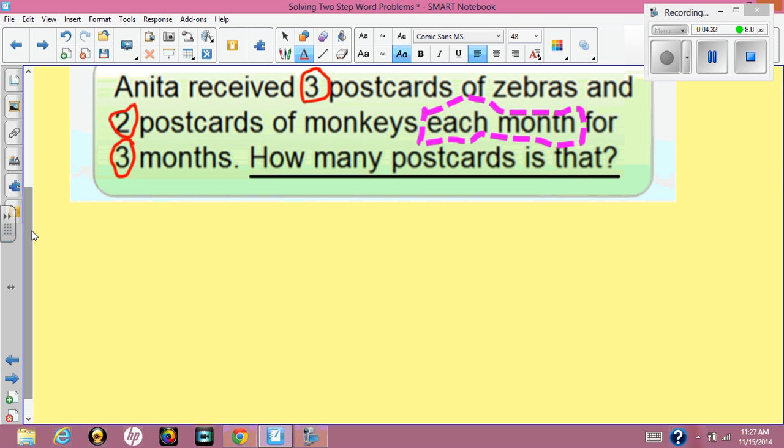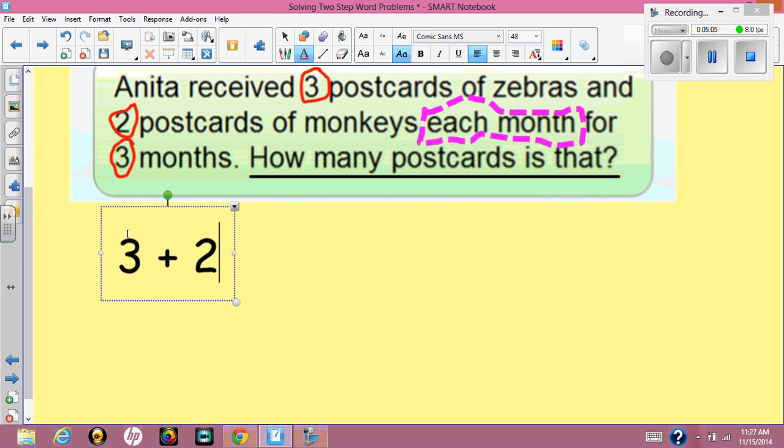Okay, let's begin with, well, let's see, we have to figure out 3 and 2. So I believe we're going to have to begin by adding 3 plus 2 to find out how many postcards each month.